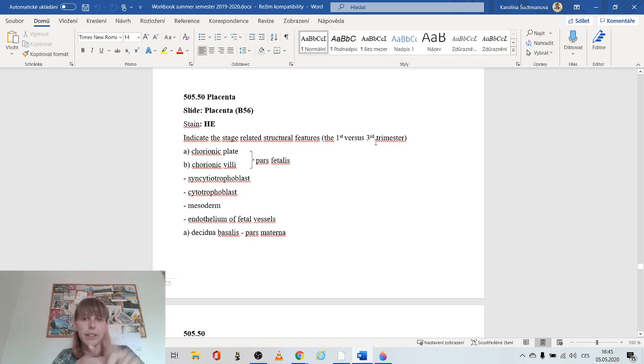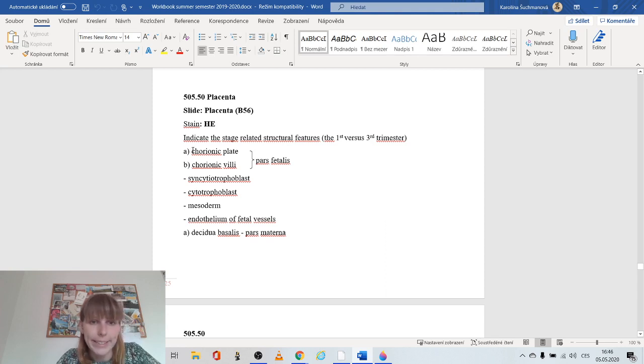That's the absence of cytotrophoblast in the third trimester, and the changes in the red blood cells. So in the first trimester, you would still have the nucleated erythroblasts.